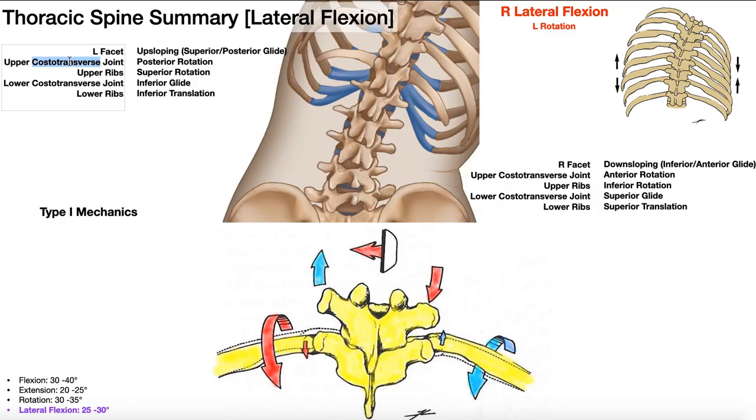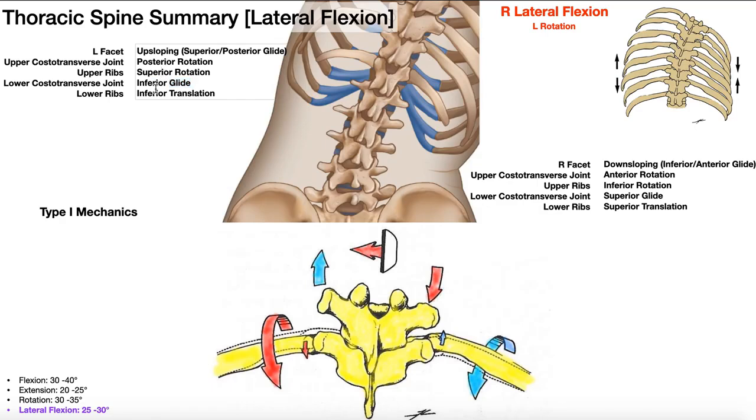The upper costotransverse joints are for the upper ribs, and the lower costotransverse joints are for the lower ribs. Furthermore, the upper costotransverse joints facilitate more rotational movements, whereas the lower costotransverse joints facilitate more gliding translation movements. But the big thing to understand is the directions of the movements.